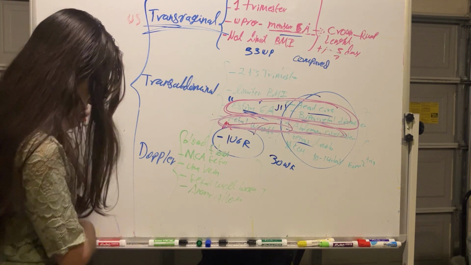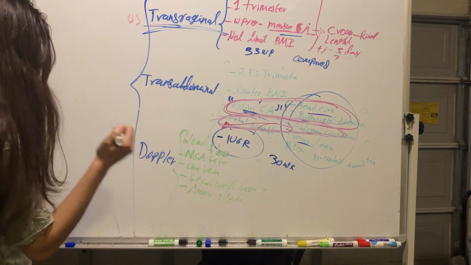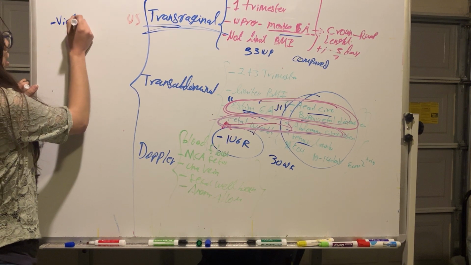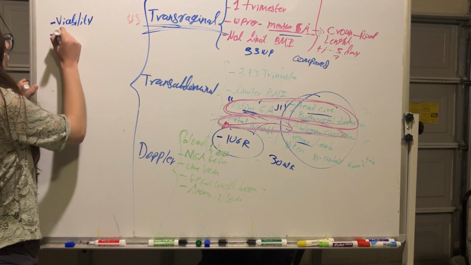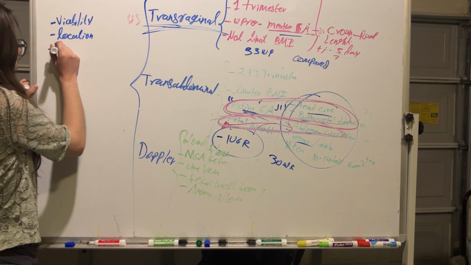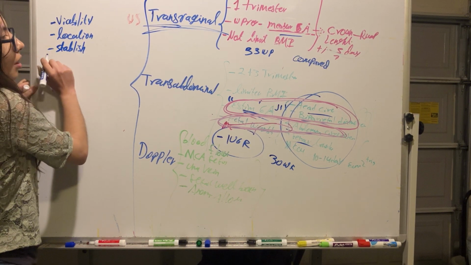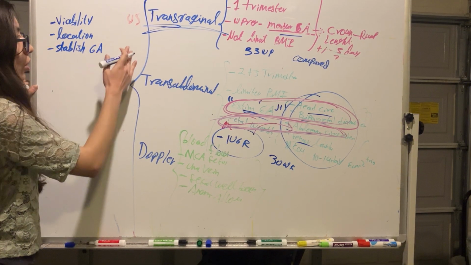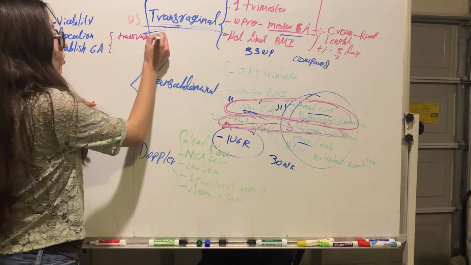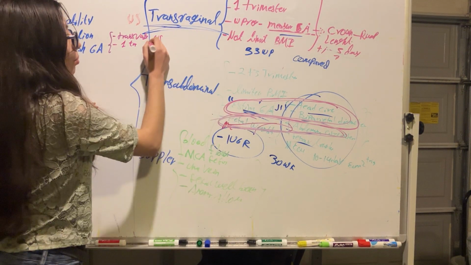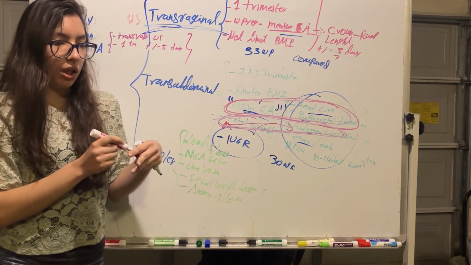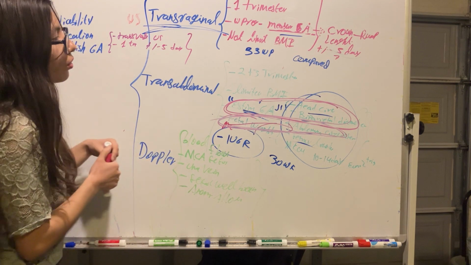The indications for ultrasound are to evaluate the viability of the pregnancy, the location of the pregnancy, because we can have an ectopic pregnancy, and to establish gestational age, which is going to be established most of the time with the transvaginal ultrasound made during the first trimester, which has plus or minus 5 days accuracy of the actual gestational age, because the actual gestational age is based on conception date, but most of the time we do not know that date.